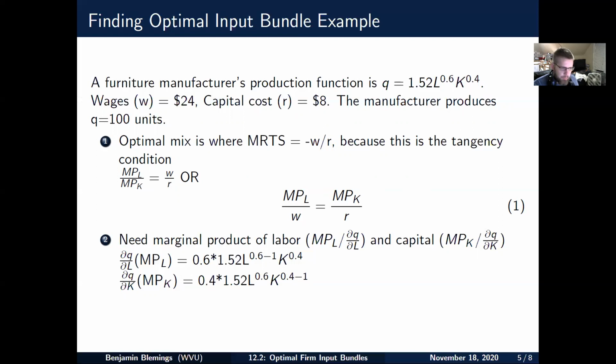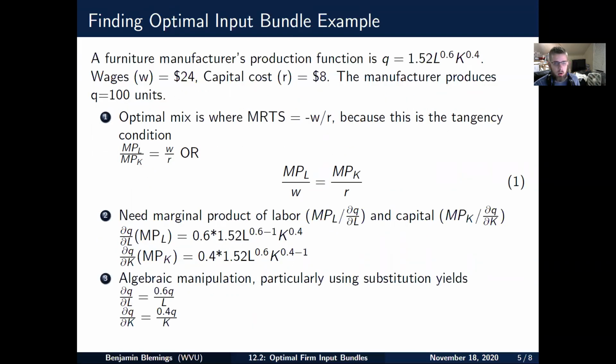And so dQ/dL, the marginal product of labor, is here. You can see I just multiplied 0.6 times this, and then subtracted 1 from the exponent, and I get this. And I did a similar thing down here, and so that's not too new.